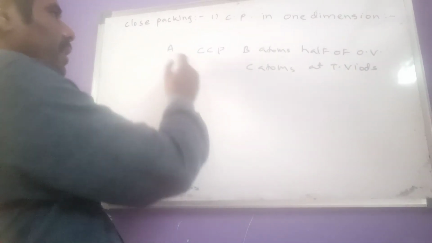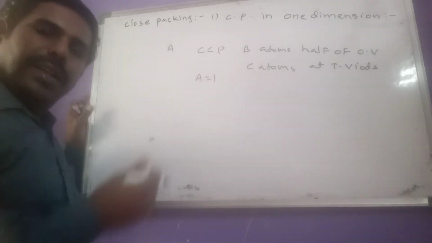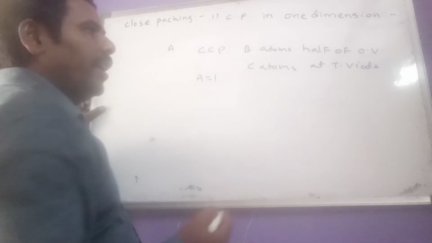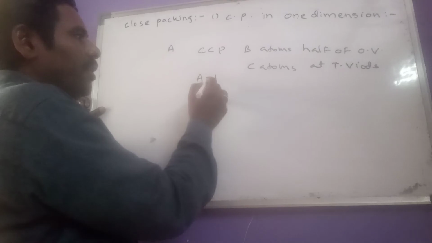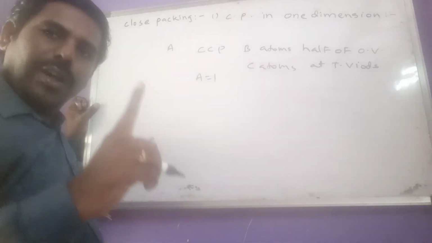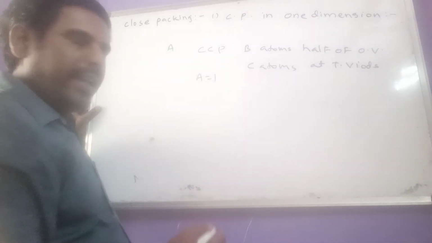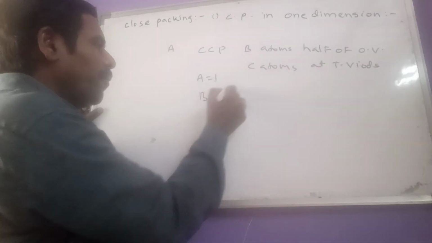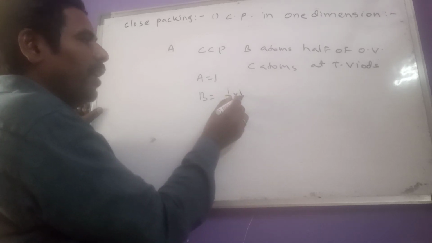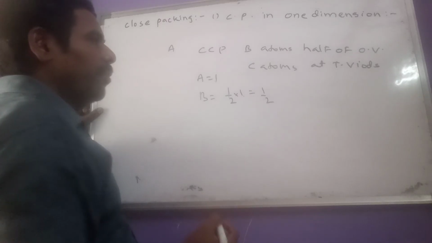So see here, consider A is 1, irrespective of the structure, and B atoms occupy half of the octahedral voids. So if one atom is there, how many octahedral voids are there? 1, but B atoms occupied half of the octahedral voids they have given. So now the number of B atoms is 1 by 2 into 1, means octahedral voids 1 occupied half. So the number of B atoms is 1 by 2.